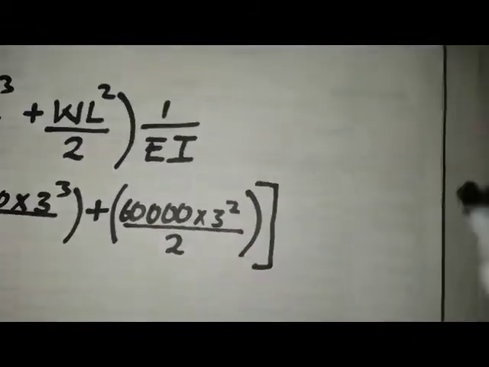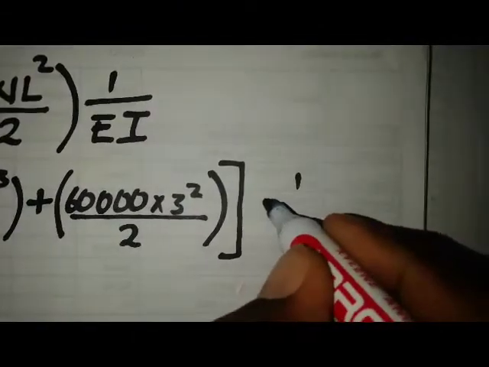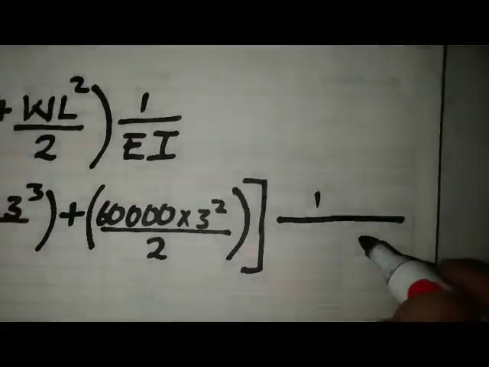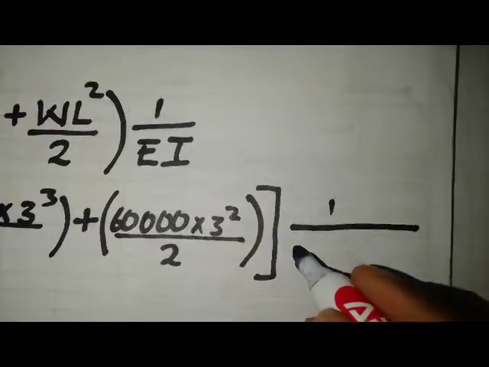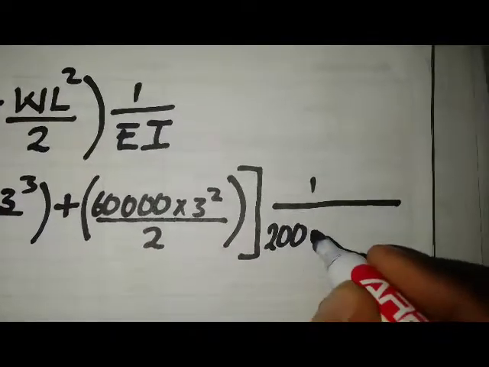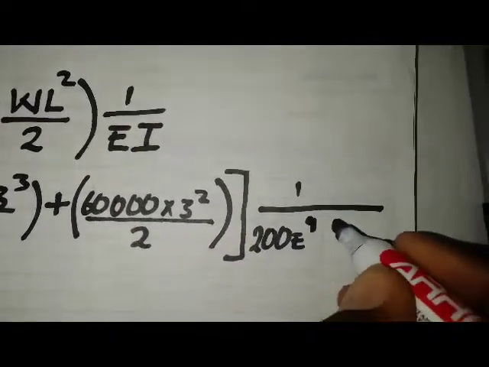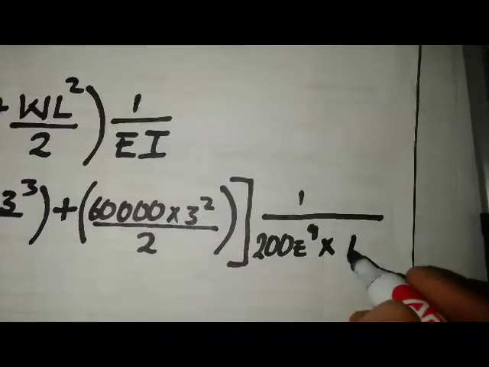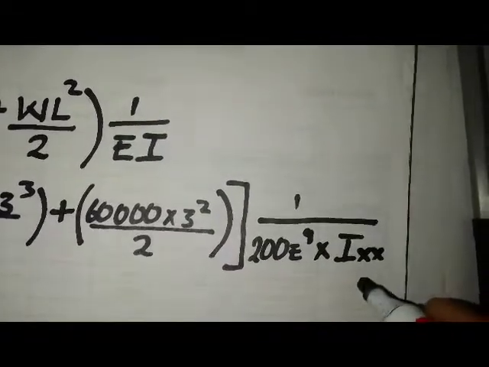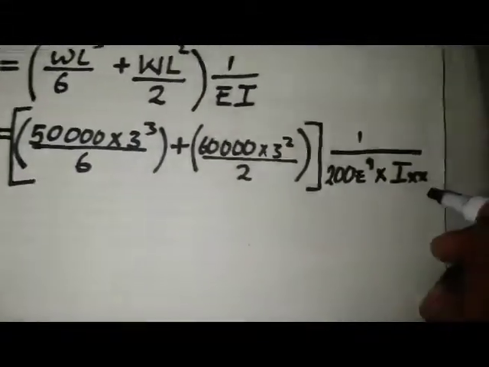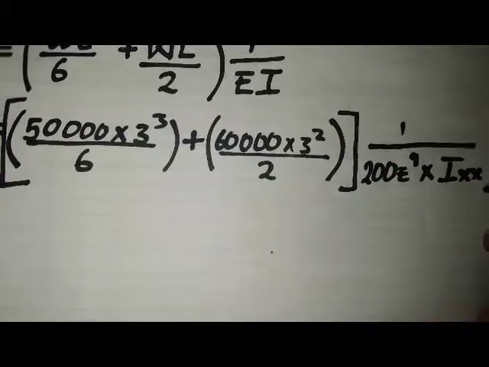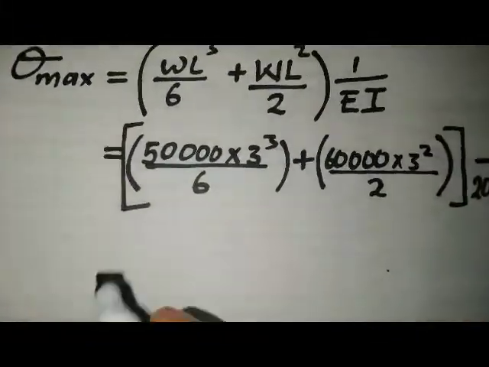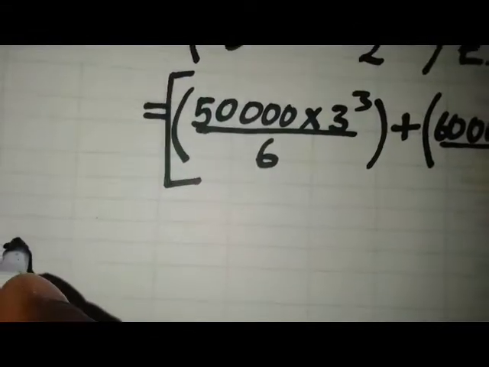The rest is multiplied by 1 over E, where E is 200 gigapascals, and Ixx. We've calculated Ixx, so I'm going to substitute it into this long equation.